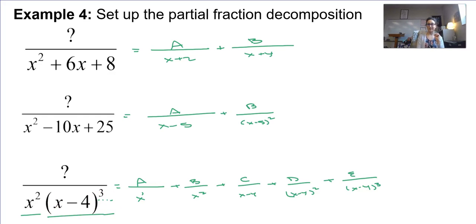We've got a power of 3 there, so I've got to work my way to that power. So I've got x minus 4 to the 1, x minus 4 to the 2, x minus 4 to the 3, okay? And again, this was setup only, but really look at your factors. If you've got any repeats, you've got to be very mindful of how you're going to create that LCD so that when I add all these up together, I get back to the desired denominator.